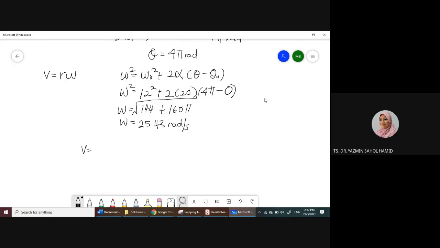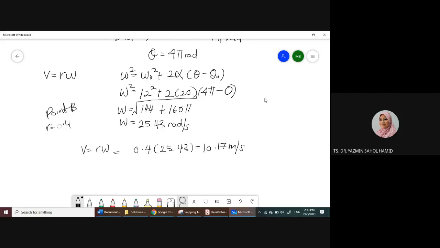So then you can just find V equals R omega. Your R this time is 0.4 because you are considering point B. So V equals R omega is 0.4 times 25.43. Please don't make careless mistakes in using your calculator, my dear.